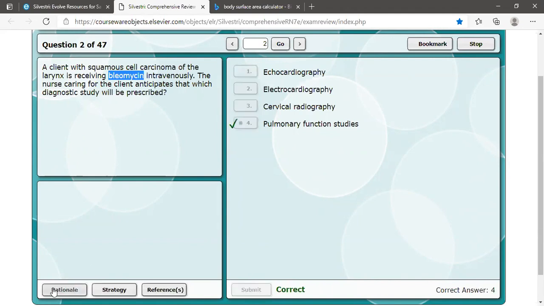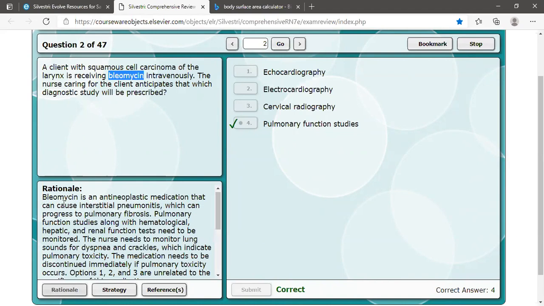What is the rationale? Bleomycin is an anti-neoplastic medication that can cause interstitial pneumonitis, which can progress to pulmonary fibrosis. Finally, the patient dies because of pulmonary fibrosis. It is a very bad condition of the lungs.